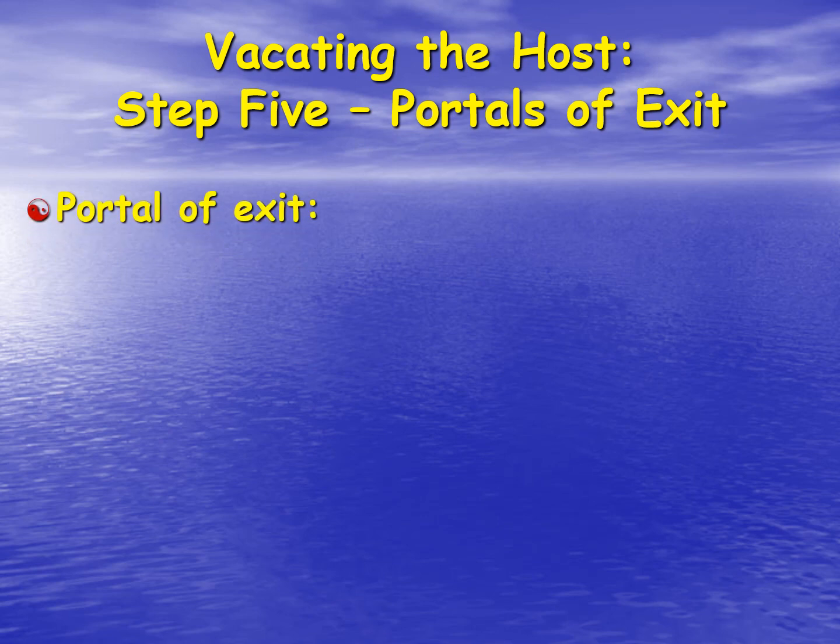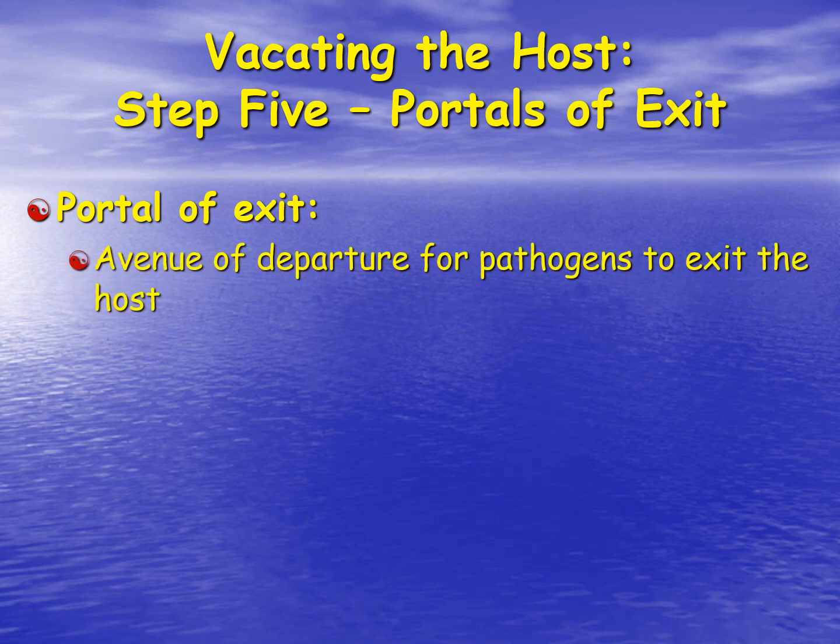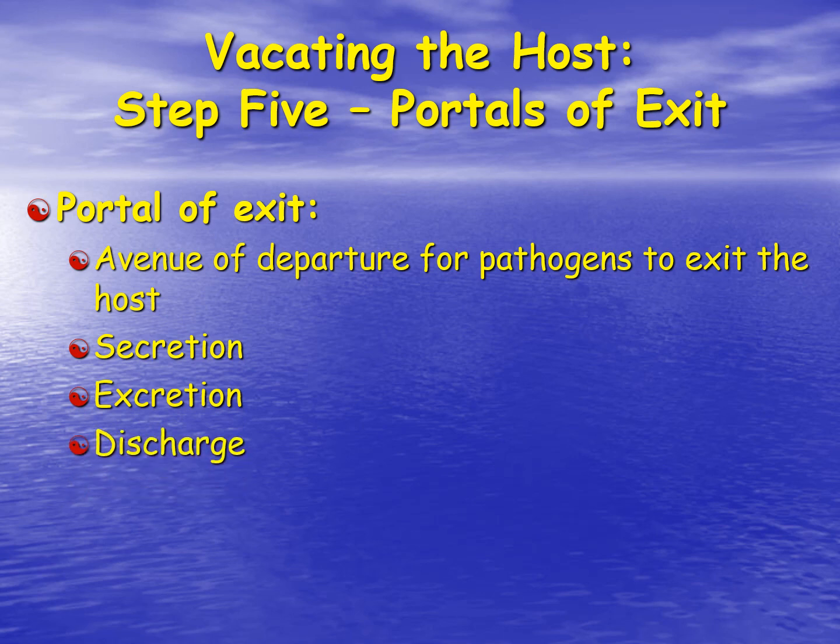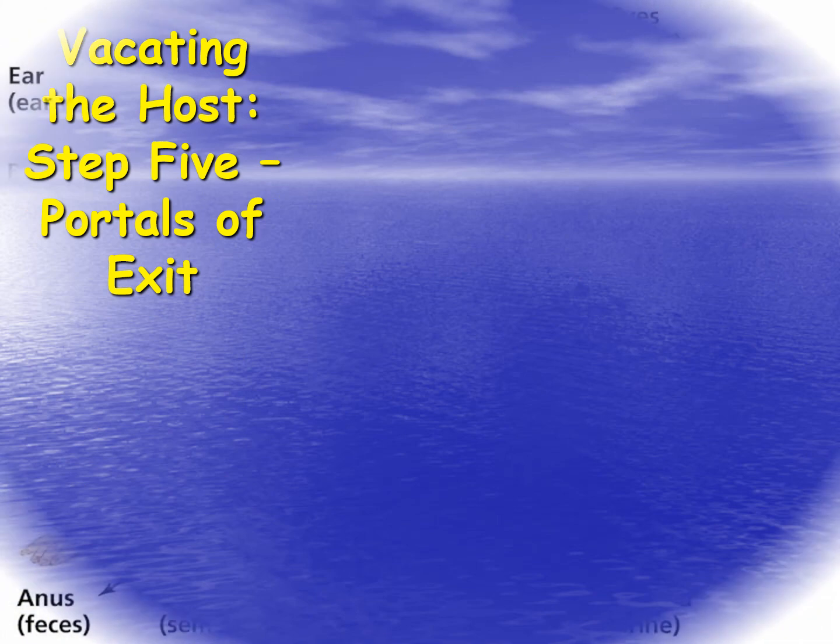Now, the last stage of our microbe life is going to be exiting in order to find a new susceptible host. So, portals of exit are avenues of departure for pathogens to exit the host. And we can do this by the secretion of bodily fluids such as mucus, excretion through the kidneys or the digestive system, discharge, let's say vomiting, or even sloughed off epithelial tissues.